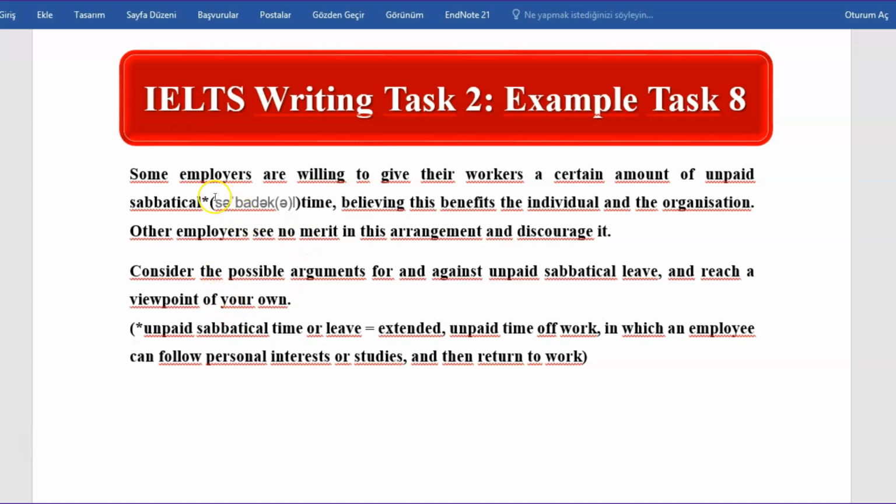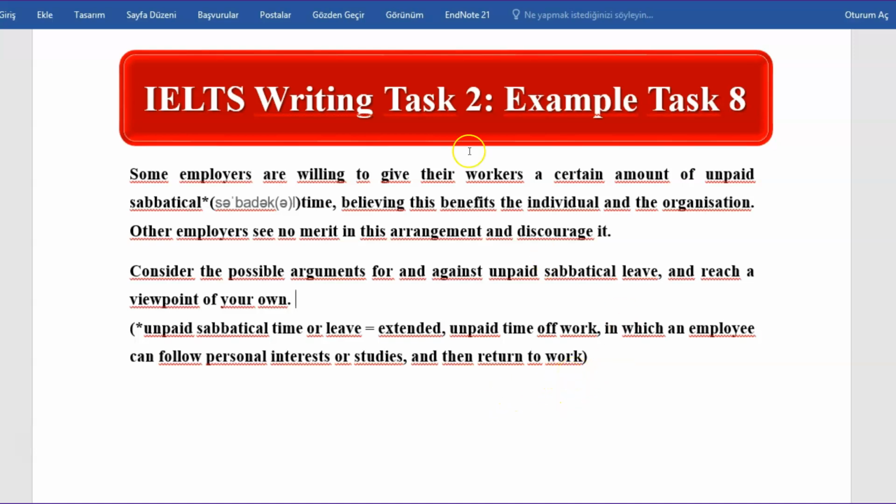Pay attention that here, unpaid sabbatical time or leave means extended unpaid time off work in which an employee can follow personal interests or studies and then return to his or her work.